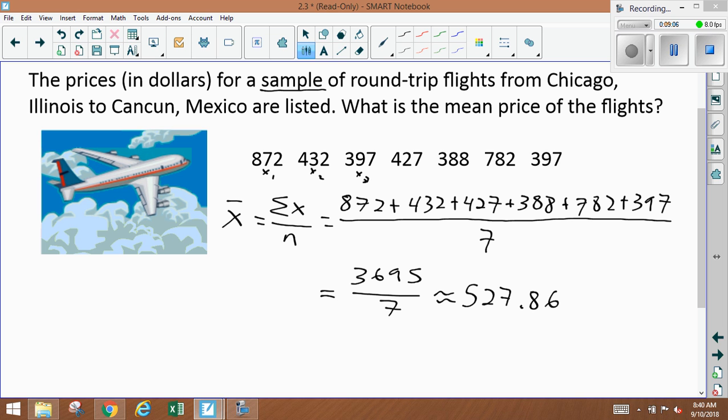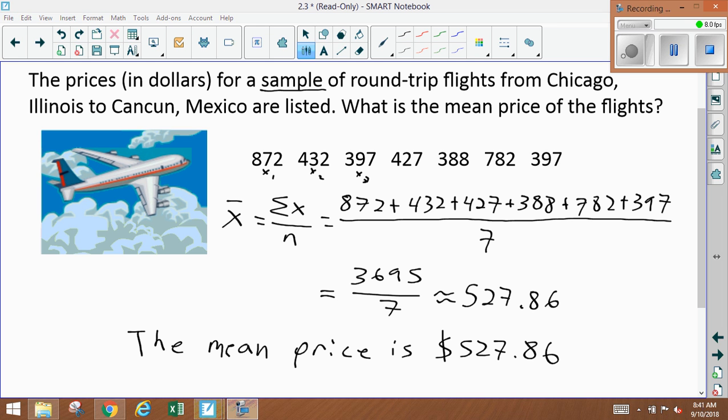So, guys, we were just given a problem asked using words, right? There's a context to this question, right? Which means my answer also has a context, right? And it's not just 527.86. These are dollars, right? And it's the mean price in dollars of a flight, right? So you would answer that the mean price is $527.86.